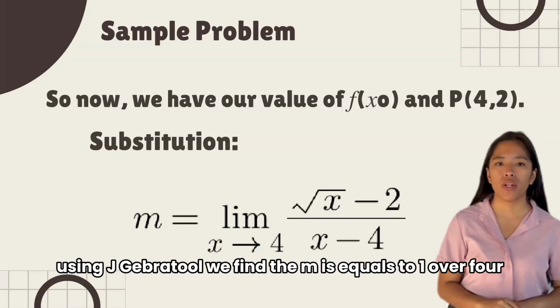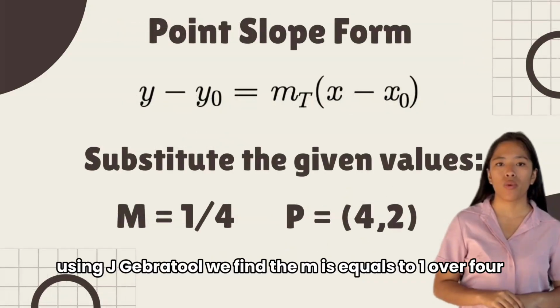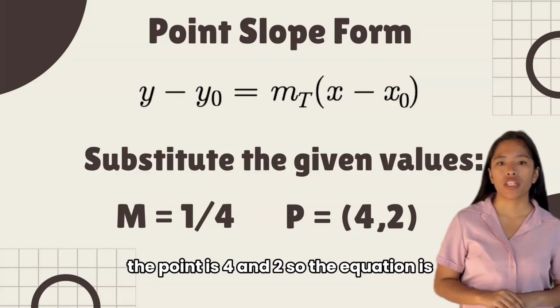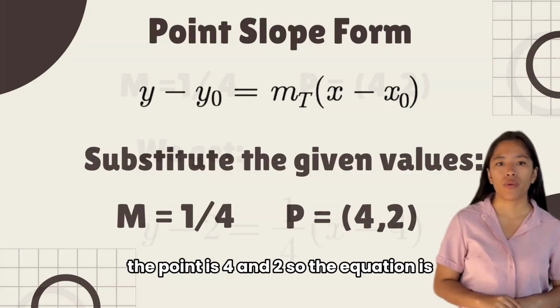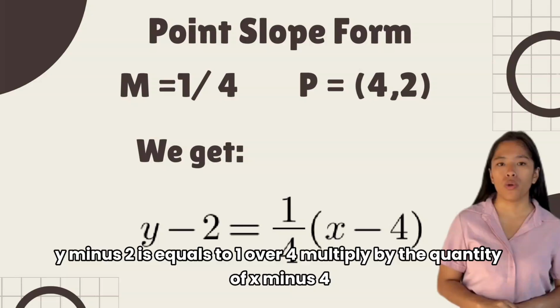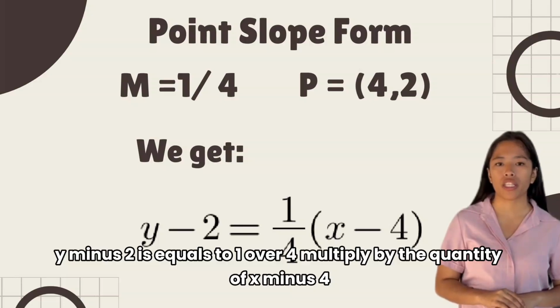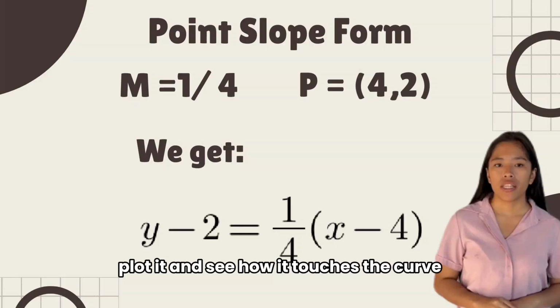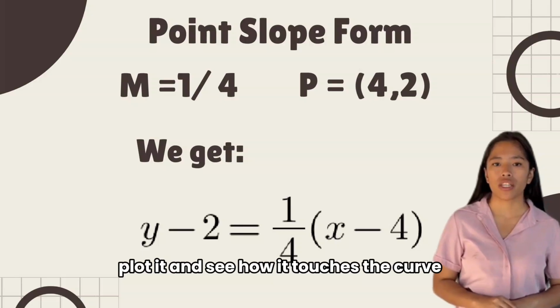Using the GeoGebra tool, we find that m is equal to 1 over 4. The point is (4, 2). So the equation is y minus 2 is equal to 1 over 4 multiplied by the quantity of x minus 4. Plot it and see how it touches the curve.